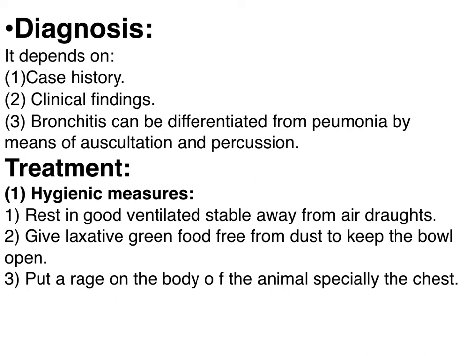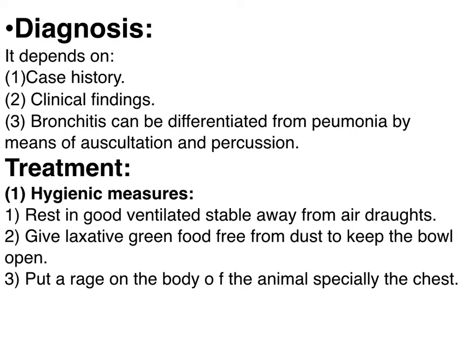Diagnosis: depending on the case history and clinical findings, bronchitis can be differentiated from pneumonia by means of auscultation and percussion. Treatment: hygienic measures, rest of the animals is the first and most important one.